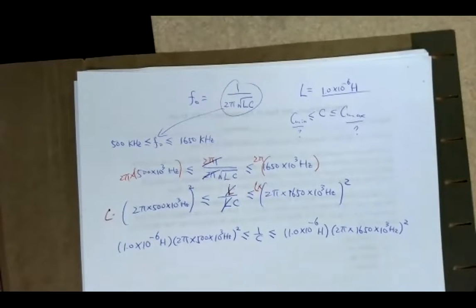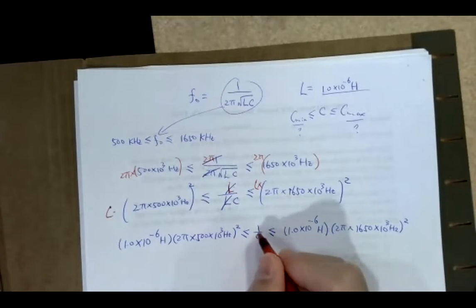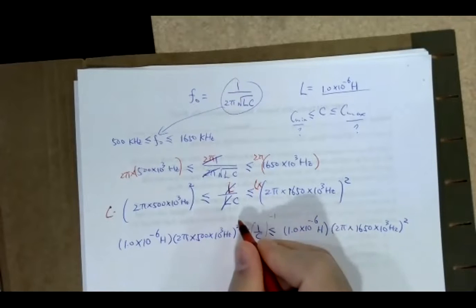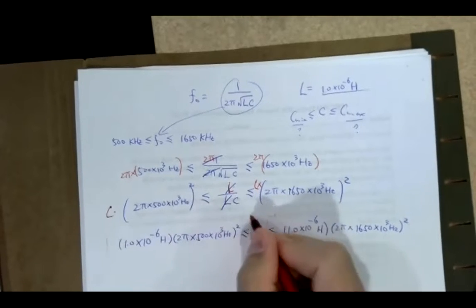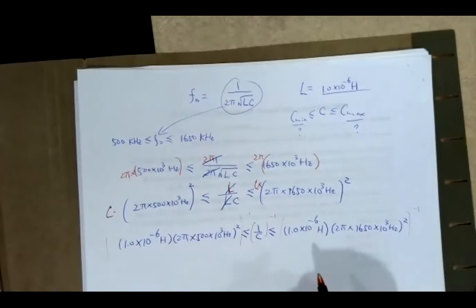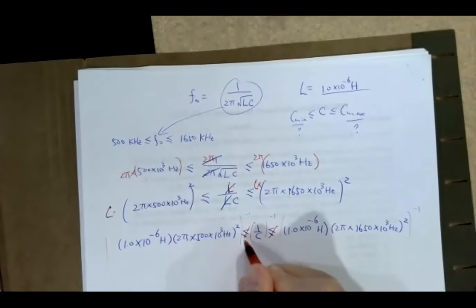Now you want to find the range of C, but this is 1 over C, so you can do the inverse of that. Now this is a little bit tricky. When you do the inverse of each term here, the direction of the inequality will change, right?